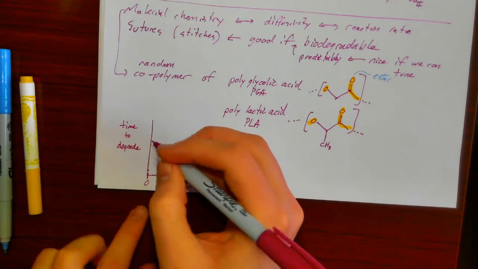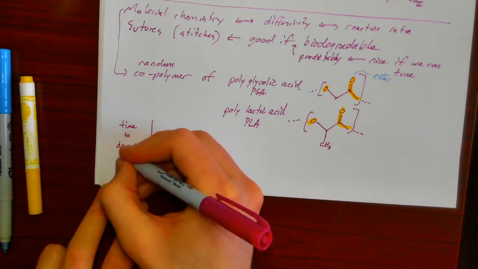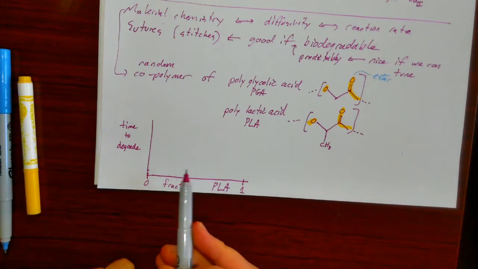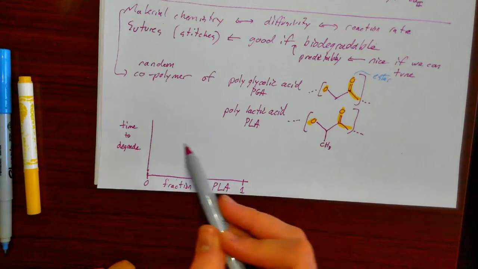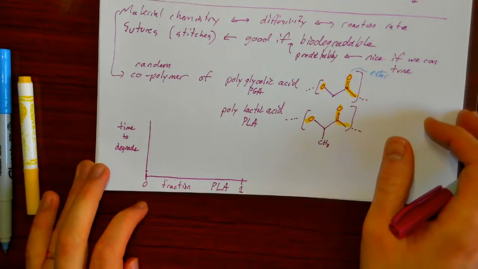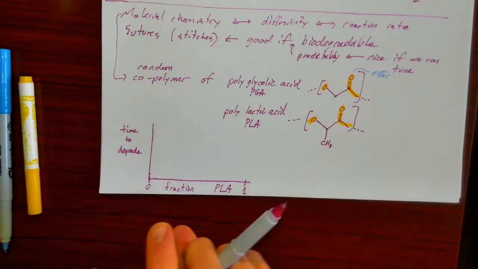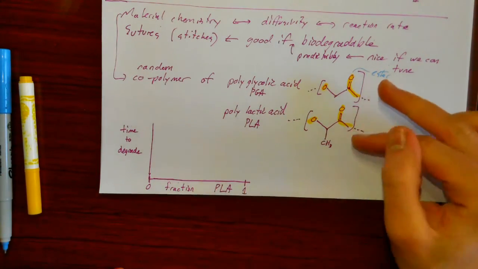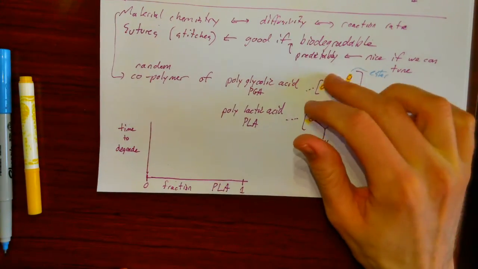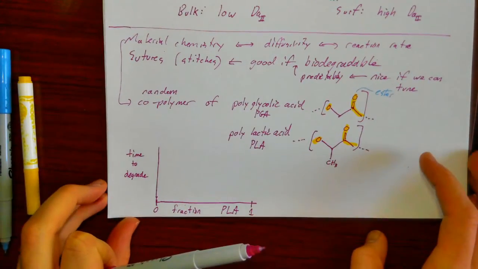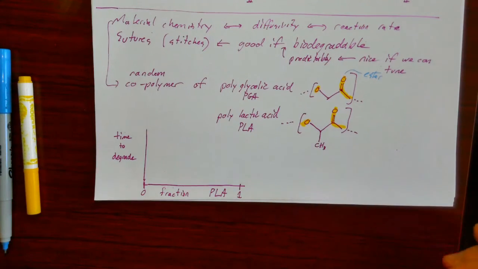This is essentially the inverse of your k effective. So just take a moment now, pause and ponder, and sketch what you think this curve might look like, going from all polyglycolic acid to all polylactic acid, taking into account, spoiler alert, the idea that the composition of these is related to the diffusivity of water.